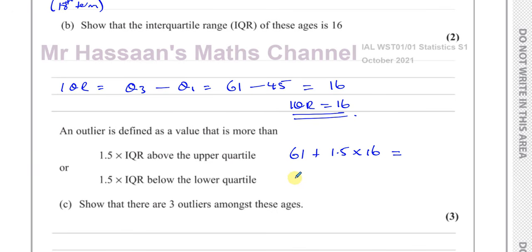And here you'll have the lower quartile, which is 45, minus 1.5 times the interquartile range. So that will give you the limits. This will be the upper limit, and this will be the lower limit of where the outliers are going to be.